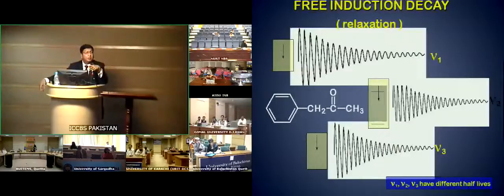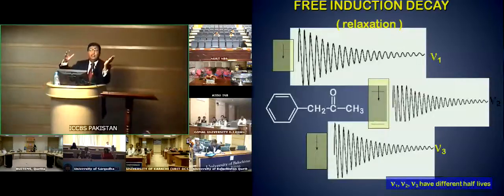You need to bring it to the XY plane. So you give a 90x pulse. When you give a 90x pulse, all the spins would come as a coherent signal on Y, where your detector is.